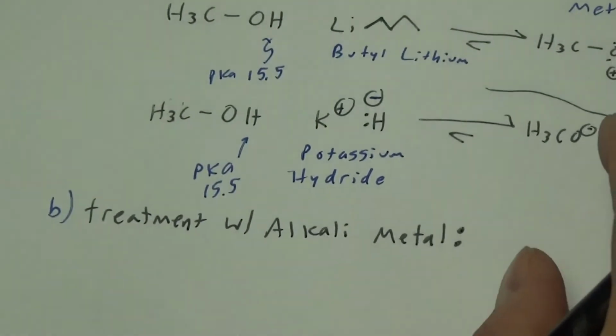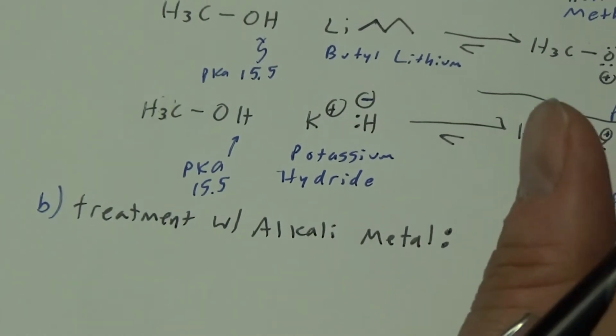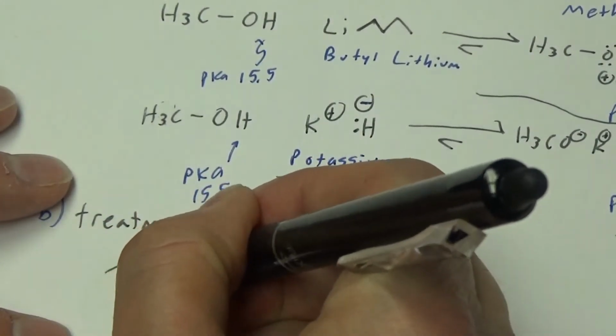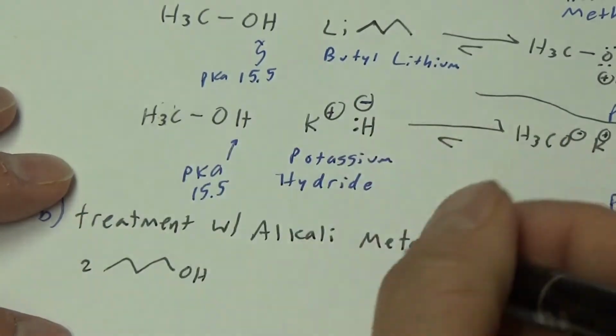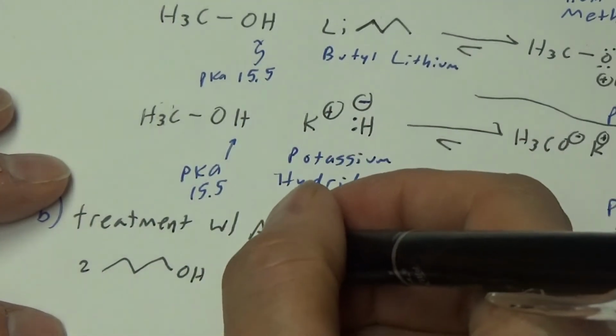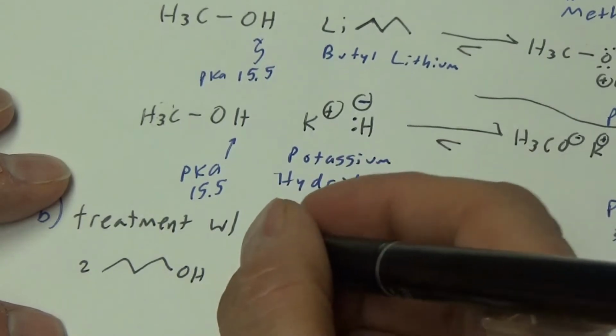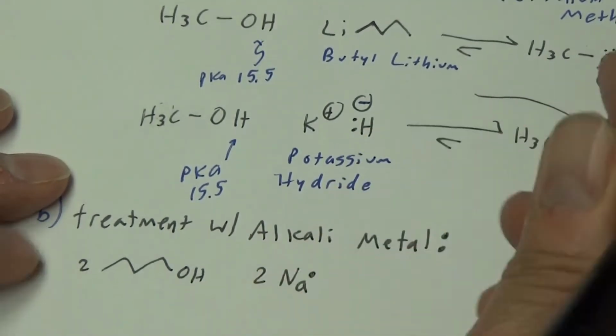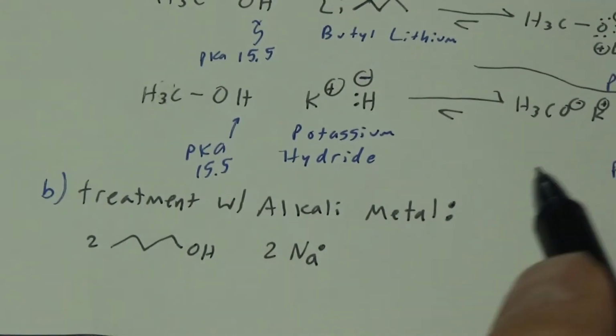So if I take 2 equivalents of butanol, and I throw in 2 Na dot. What's Na dot? That's sodium metal.